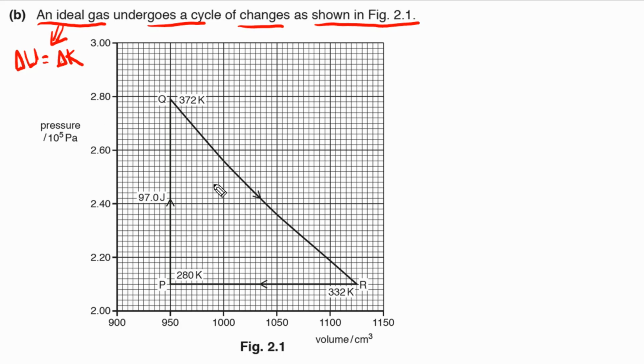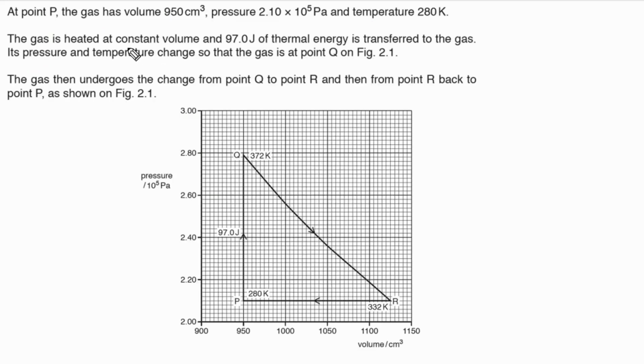Now it is also given to us that it completes one cycle, from P then goes to Q, then R, then back to P. If you read the question, you can also see that at constant volume, 97 joules of thermal energy is transferred to the gas. At constant volume, if you look between P and Q, volume is constant and equal to 950 cubic centimeters.